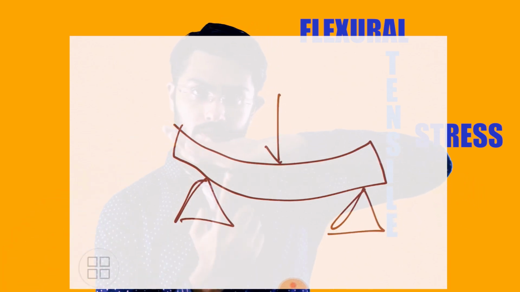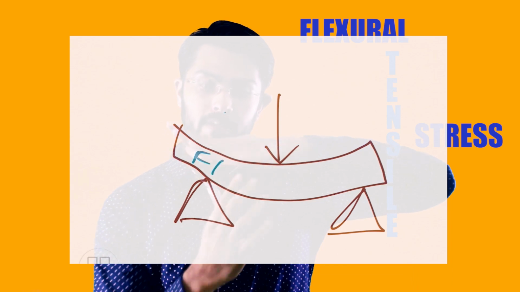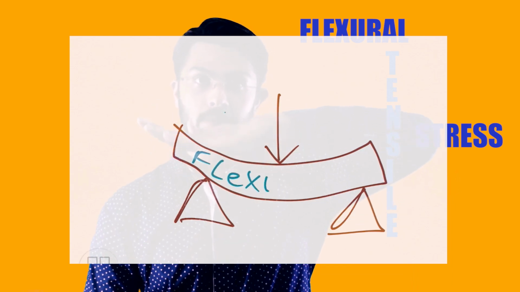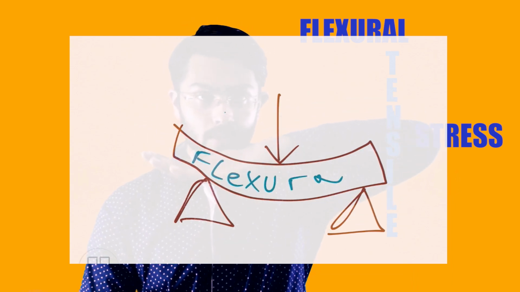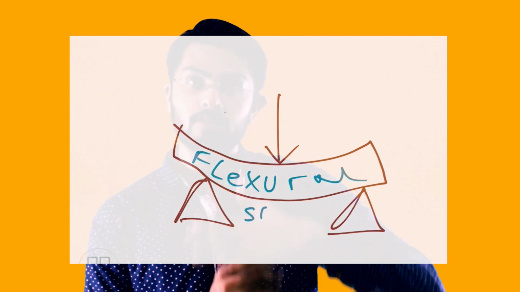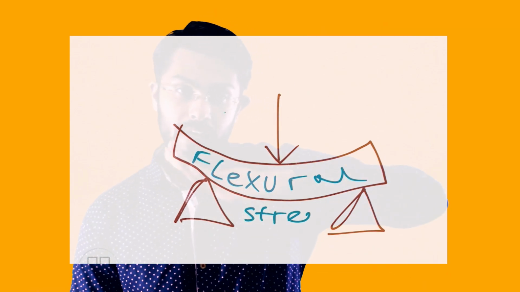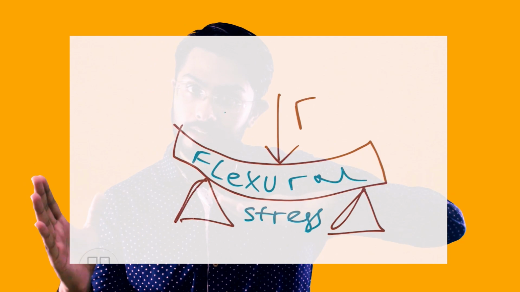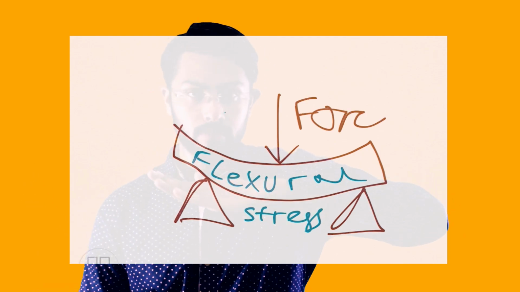Now this force is going to be called flexural stress that helps the material bend. Okay? Is it clear? So the stress that is produced while bending is a form of tensile stress, but it is called flexural stress. So whenever you hear the word bending force or bending stress, you will understand that it is flexural stress. Flexural bending. Okay?